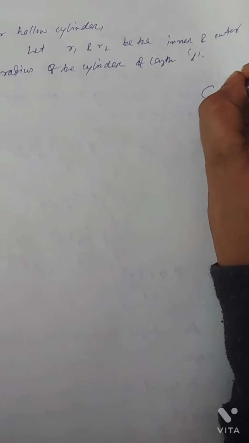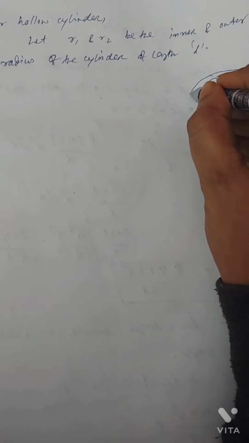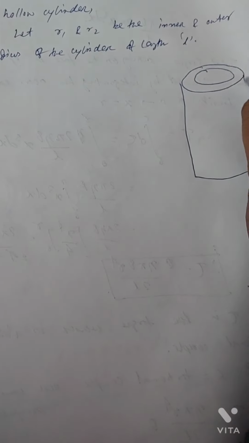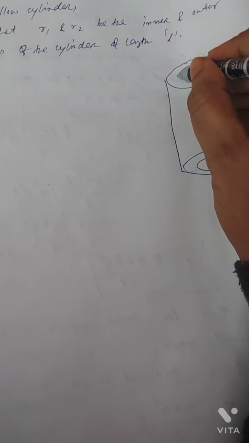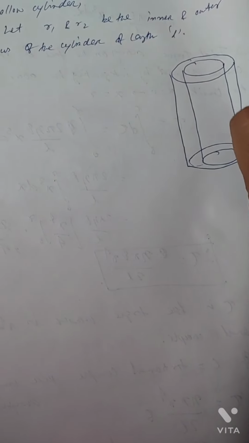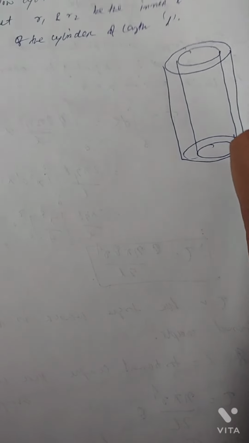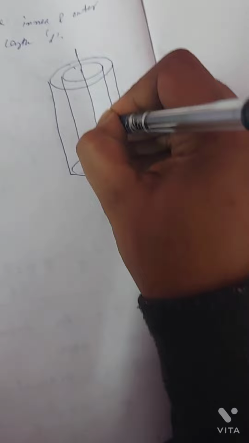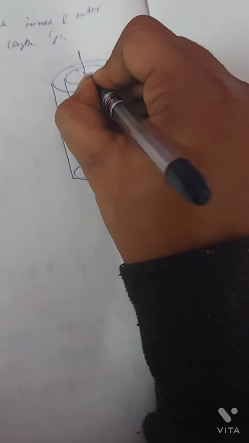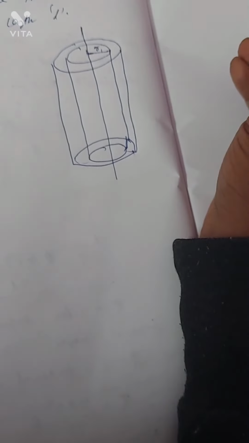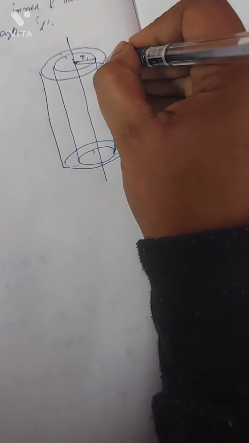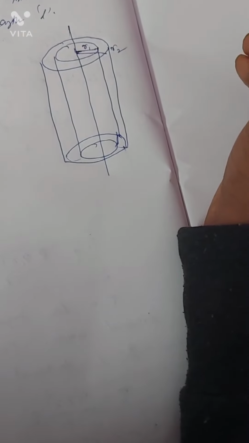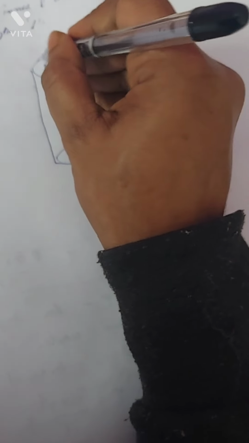Say this is the cylinder. If this is the axis, this radius is R1 and this outer radius is R2.